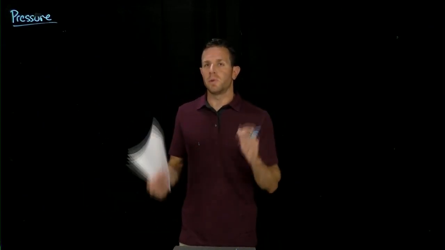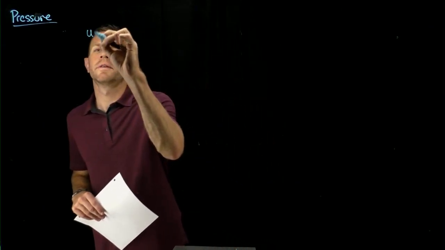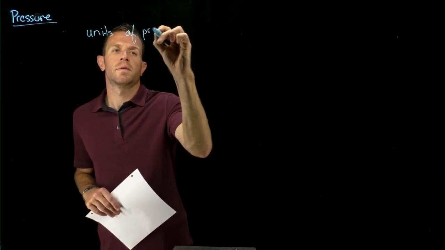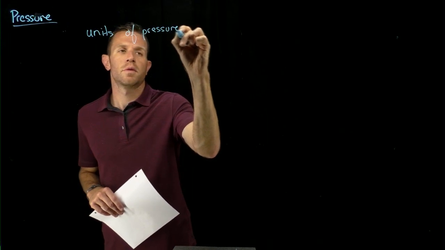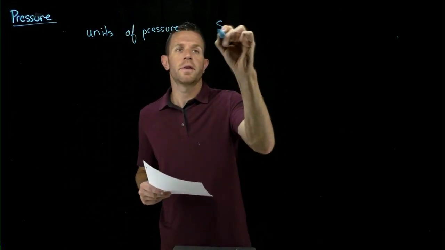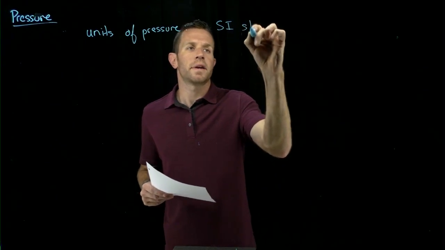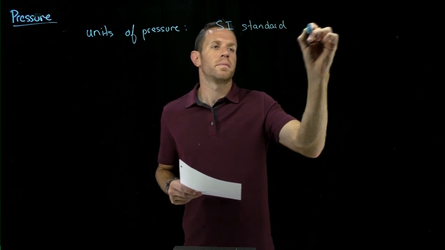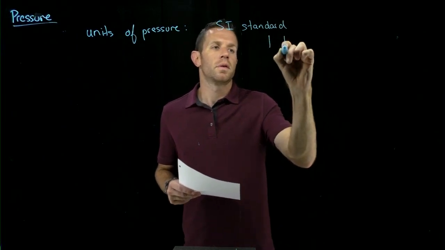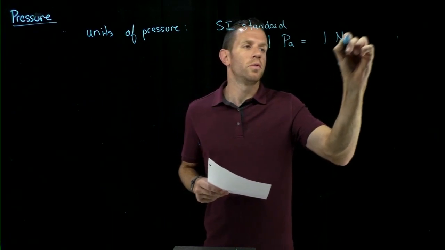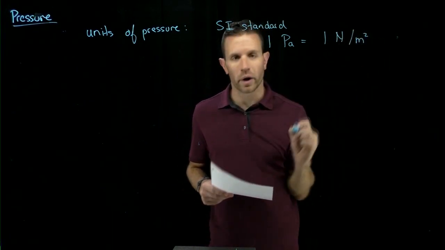All right, so now with some clear space, let's talk about the units of pressure. We said before that the SI standard is a Pascal, and that is, of course, equal to 1 Newton per meter squared.